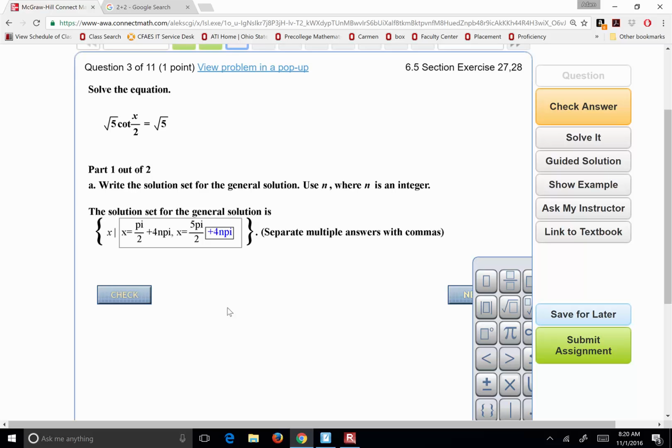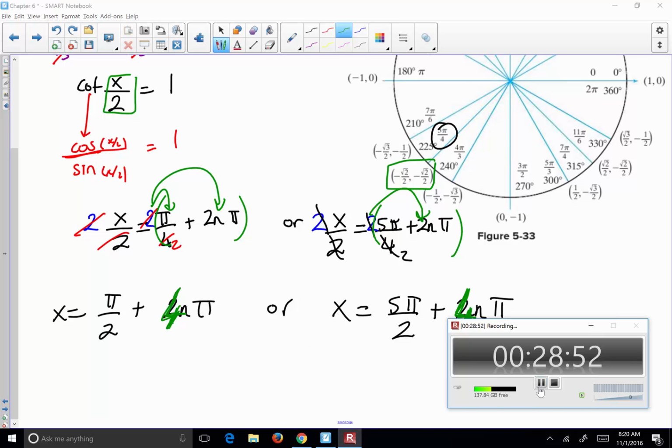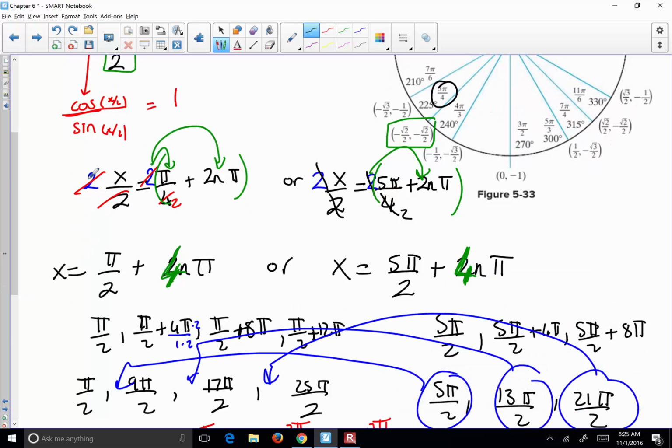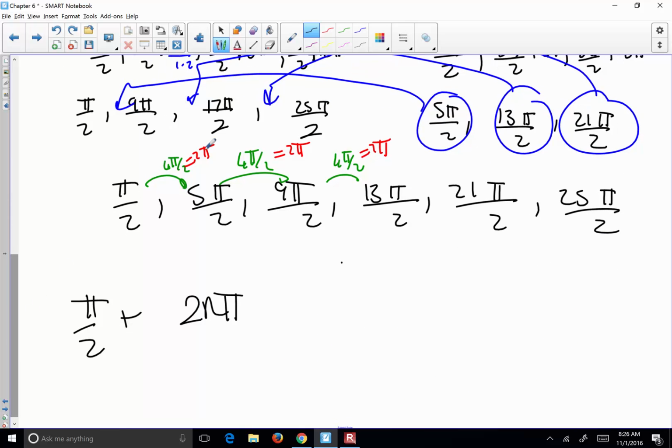Where is the mistake? So let's make this rule. Whenever you multiply both sides by a whole number, the solutions can possibly be reordered and combined into simpler notation.